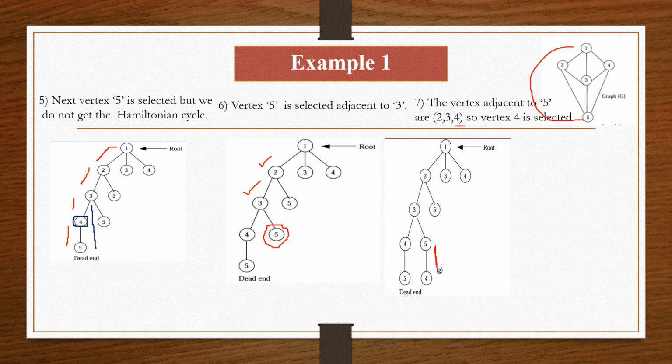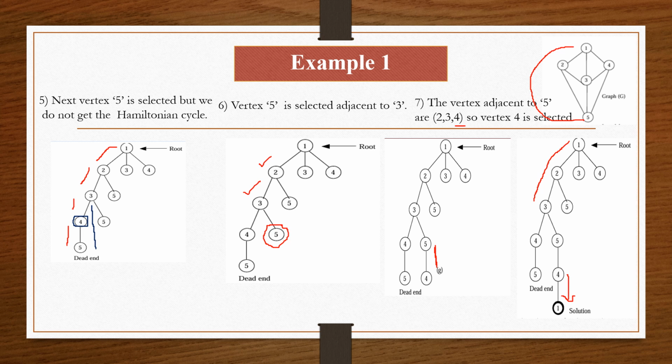So there is a path from 4 to 1, which is our source vertex. So from 4 I will go to 1, which is my starting vertex. So there is a Hamiltonian cycle if I travel from 1 to 2, 2 to 3, 3 to 5, 5 to 4 and 4 to 1.